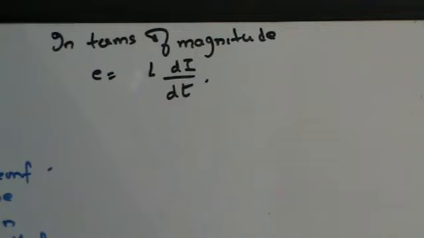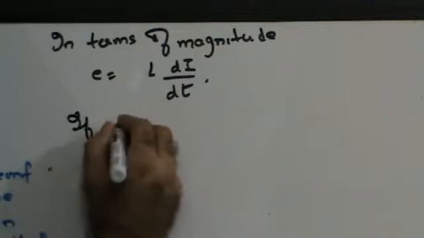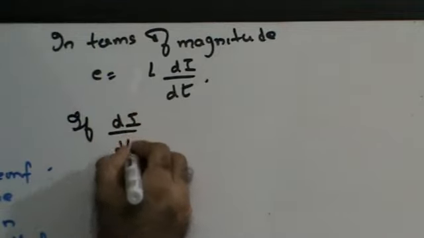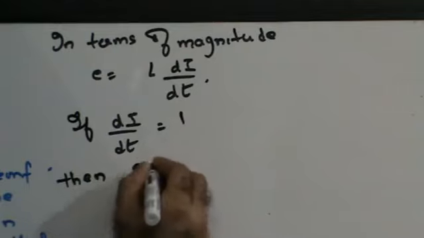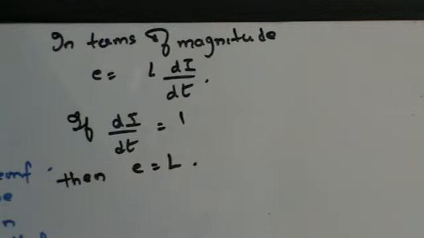Now, if di by dt is 1, if the rate of change in current is 1, then I can say that E is equal to L. The EMF induced is equal to the self-inductance constant, right?